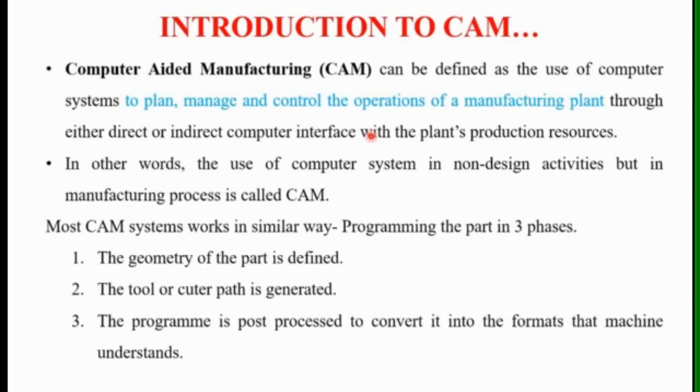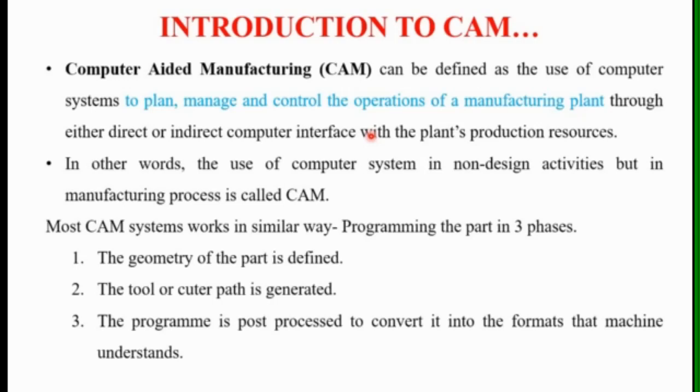Then second, machinery that can turn raw material into finished products, for example a computer numerical control machine, which is used to convert raw material into a finished product. This is the second part of CAM.